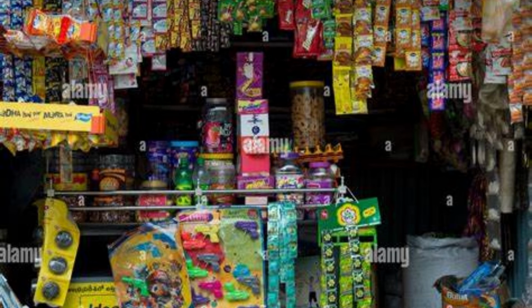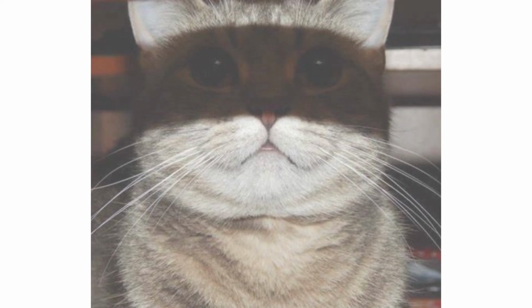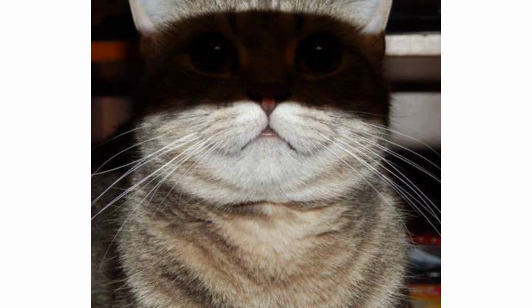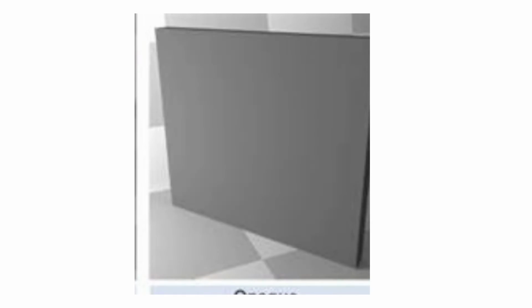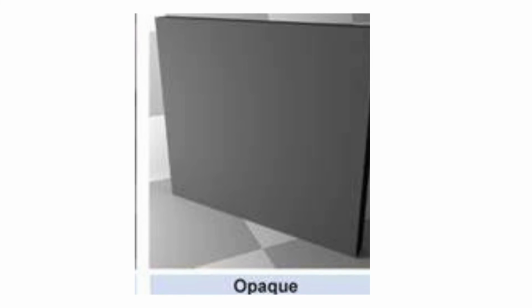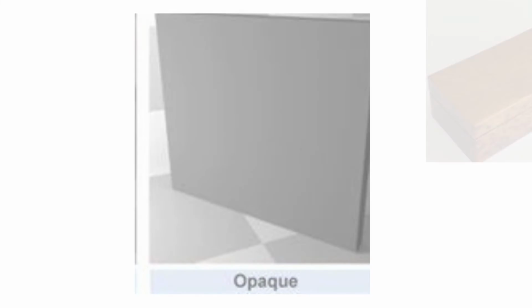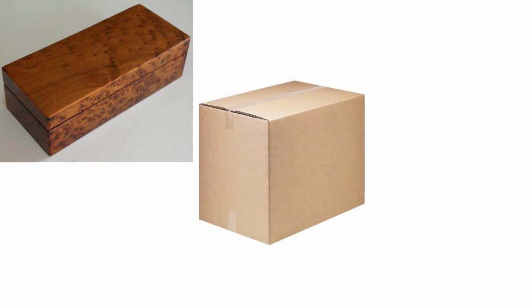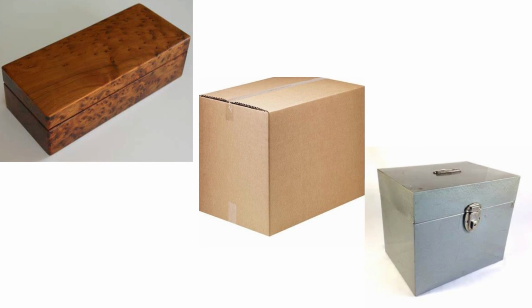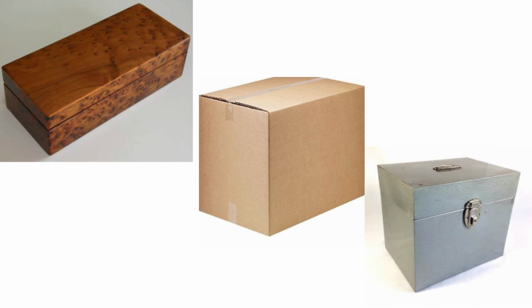Shopkeepers usually prefer to keep biscuits, sweets, and other eatables in a transparent container of glass or plastic so that buyers can easily see these items. On the other hand, there are some materials through which you are not able to see. These materials are called opaque. You cannot tell what is kept in a closed wooden box, a cardboard carton, or a metal container.